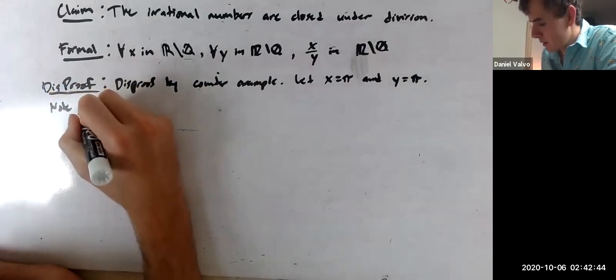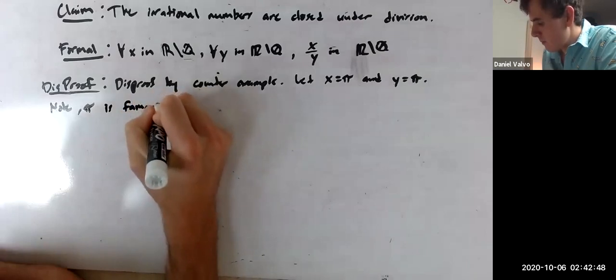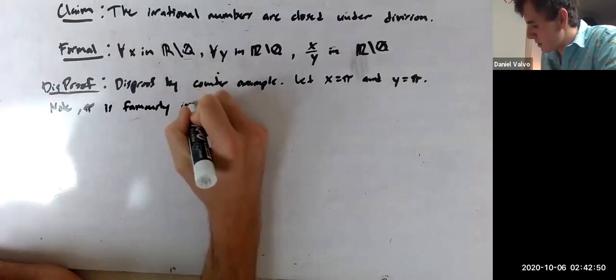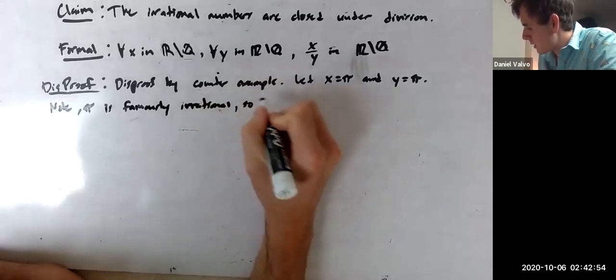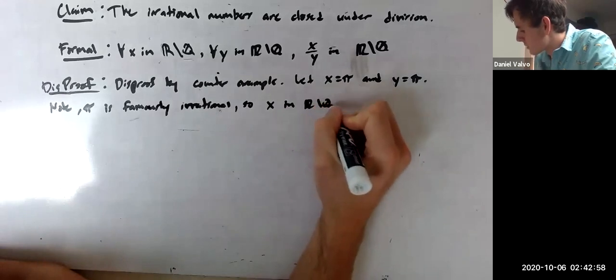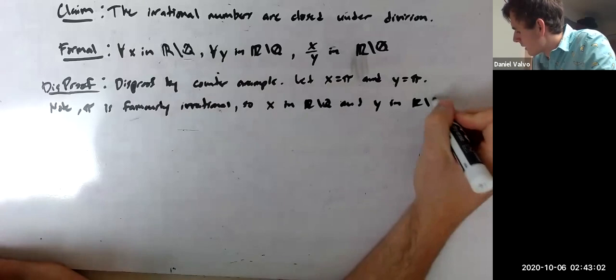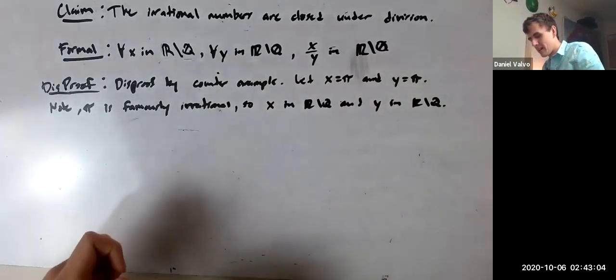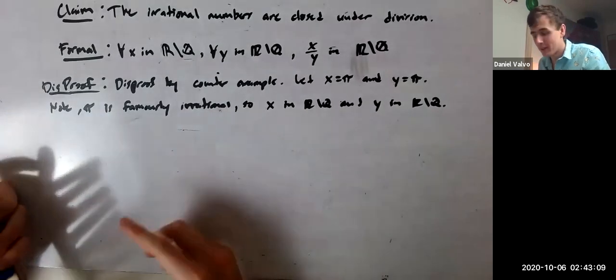Note, pi is famously irrational. So x is an irrational number and y is an irrational number. All I'm saying here is that it's known that pi is an irrational number.